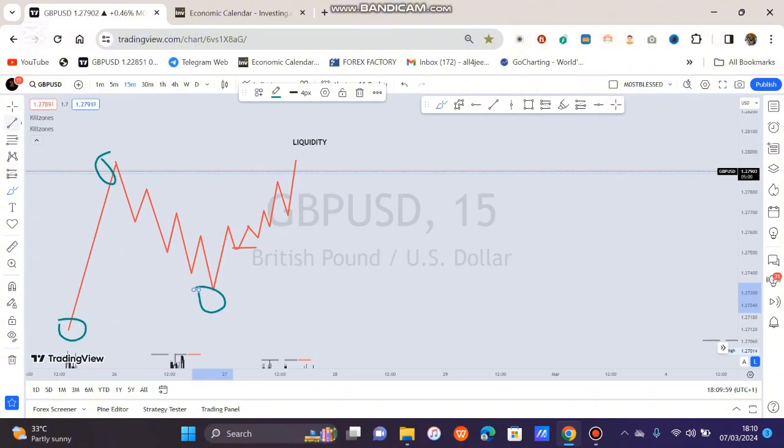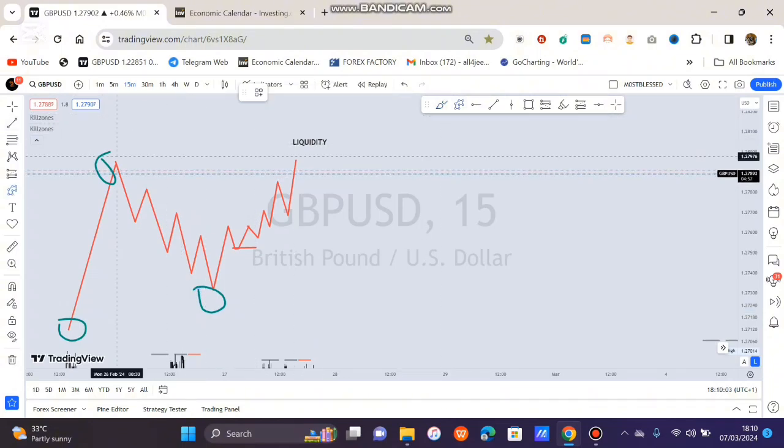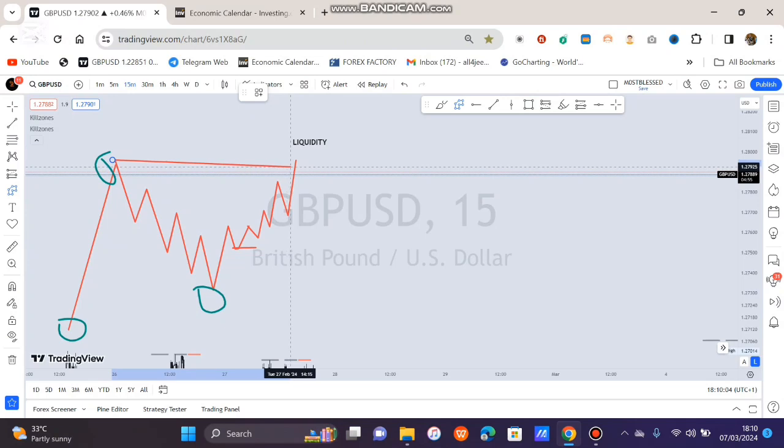Immediately afterwards, the market breaks out of the external liquidity. The first high it creates is a liquidity. That high too is what we call secondary liquidity.